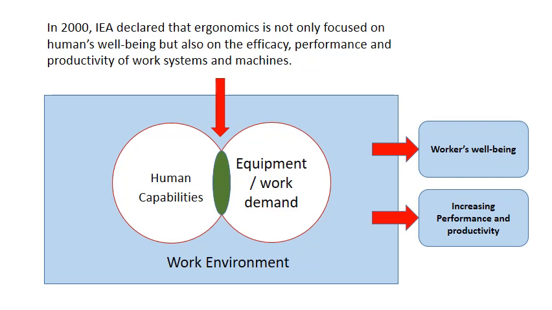And in 2000, the International Ergonomics Association decided to strengthen the industrial relevance of ergonomics by declaring that ergonomics is not only focused on humans' well-being, but also on the efficacy, performance, and productivity of work systems and machines.